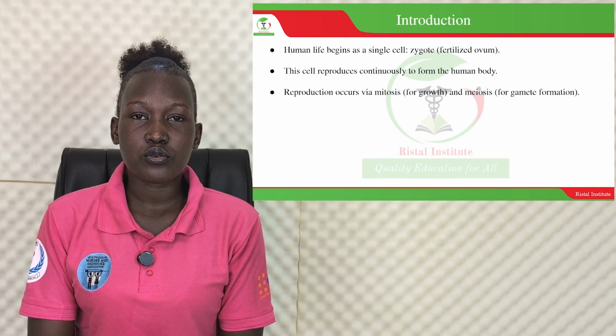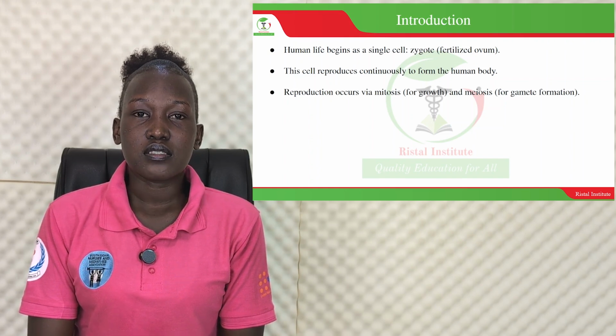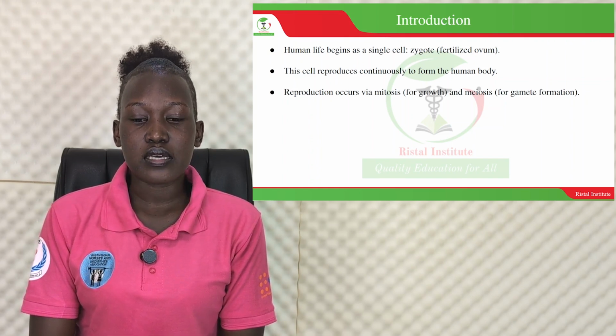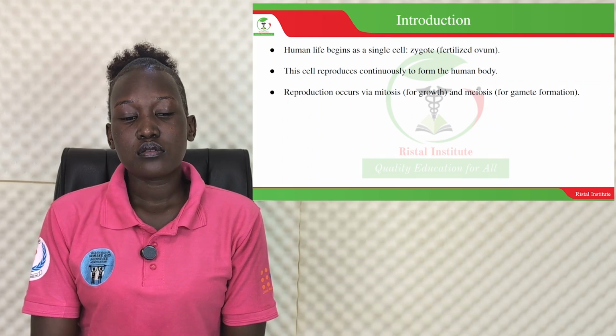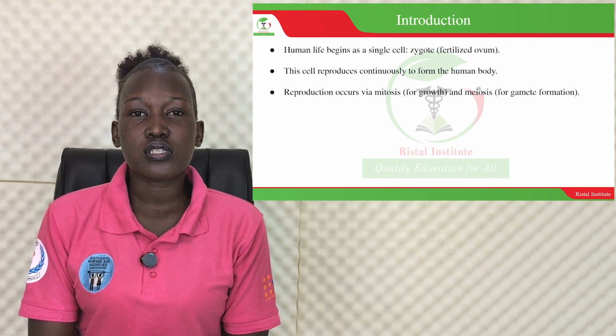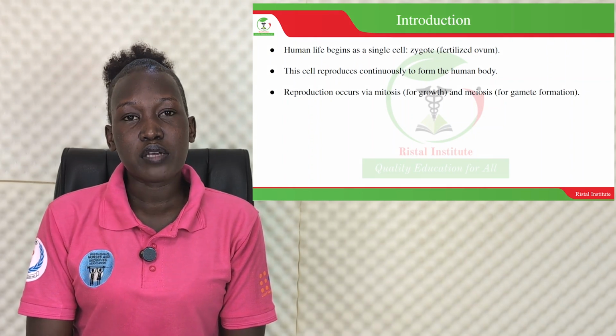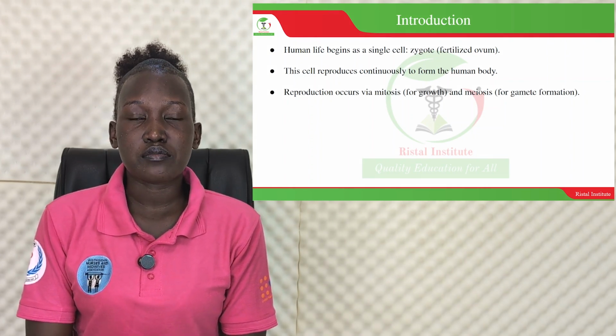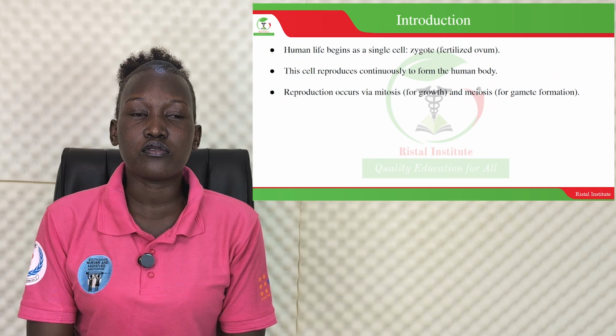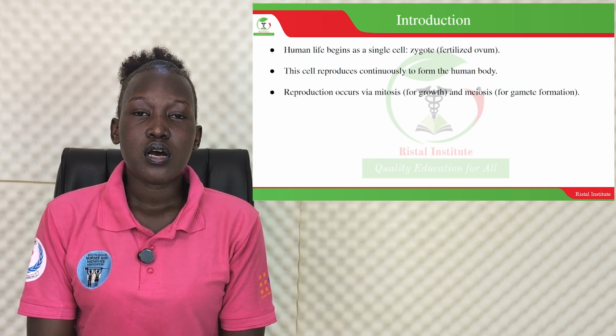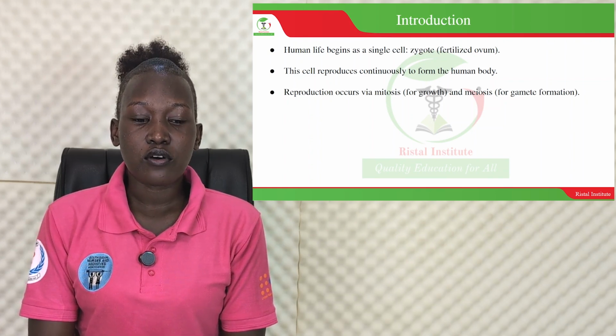As two people meet together, the result is always the zygote. The cells reproduce continuously to form a human body. After the zygote has been formed, it undergoes a series of cell divisions for the human body to form.